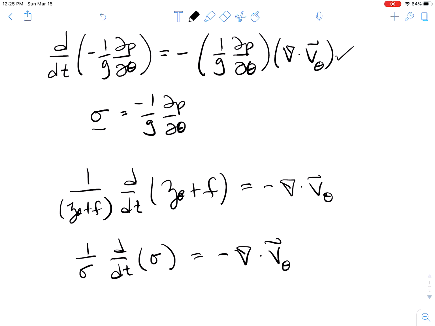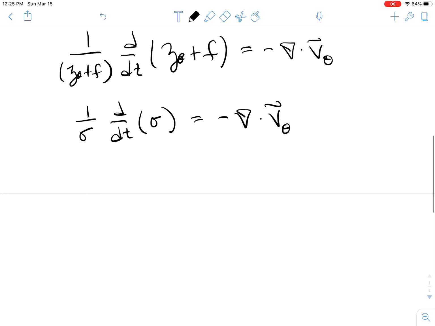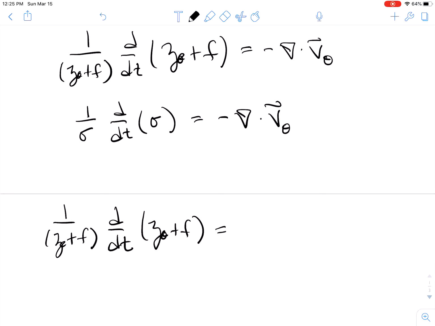Now that we have our two equations with the same thing on the right-hand side, we can put these two equal to each other, such that now we can write 1 over zeta theta plus f d dt of zeta theta plus f is equal to 1 over sigma d sigma dt.